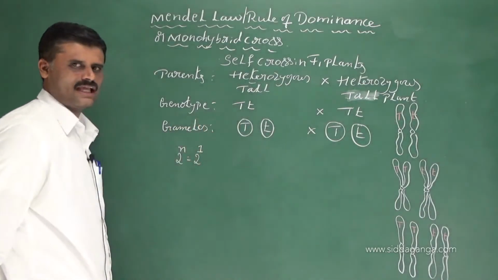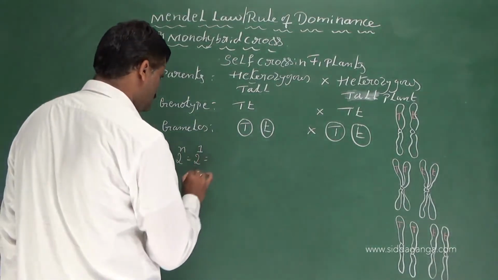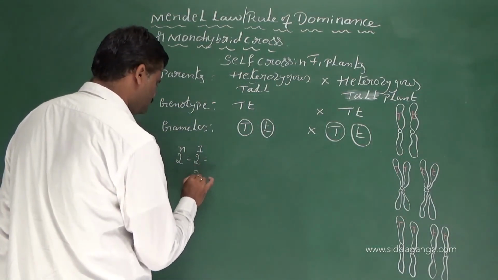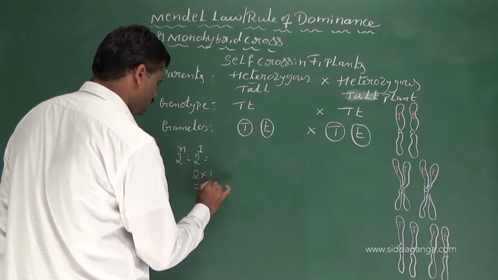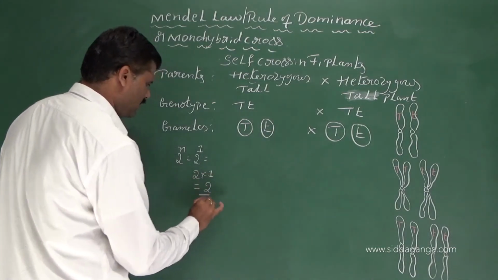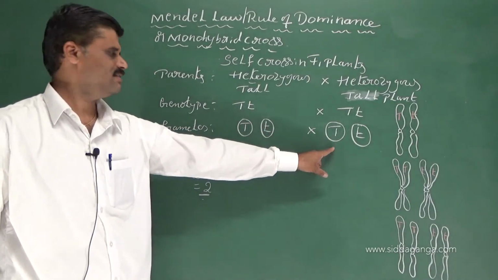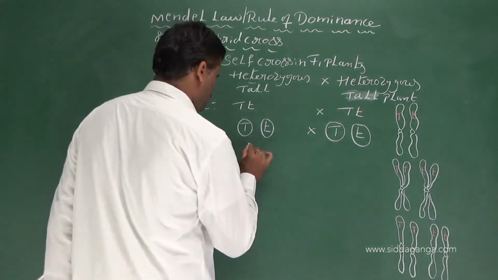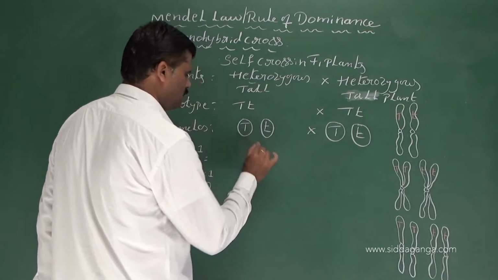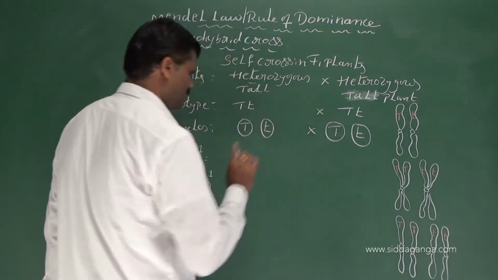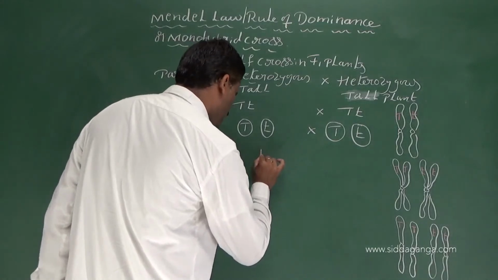Height means 1 character. Okay, so that is 2 to the power of 1, which is nothing but how many gametes? 2 gametes. Here also 2 gametes, right? Next, this gamete fusion will be discussed in Punnett square.